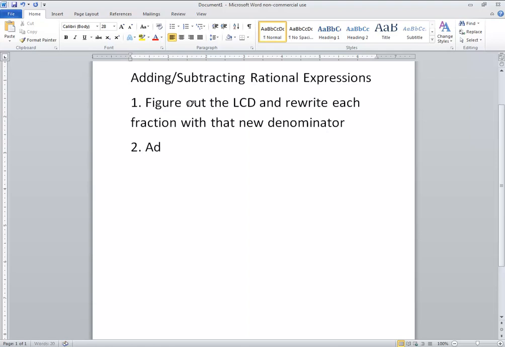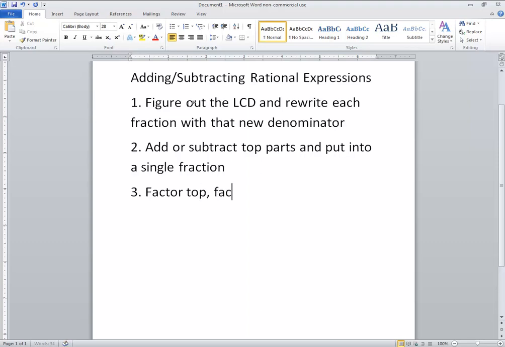Step 2, add or subtract the top parts and put into a single fraction. So we're going to add or subtract the numerators and put it into a single fraction. Step 3, factor the top, factor the numerator, factor the bottom, factor the denominator. And step 4, cancel if possible.